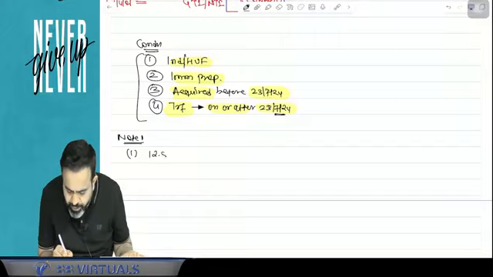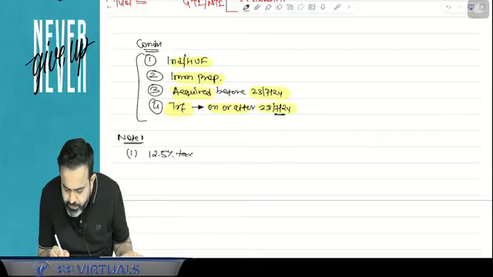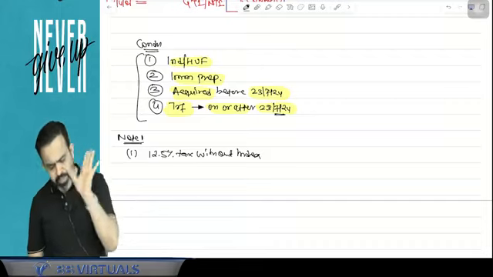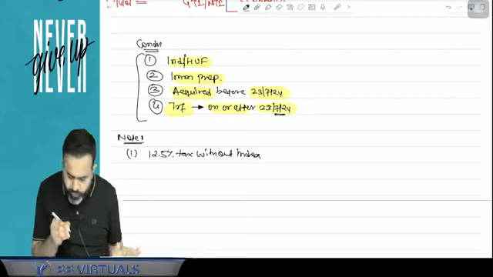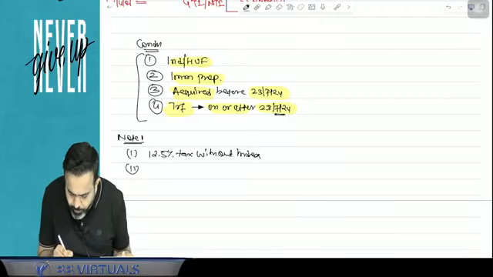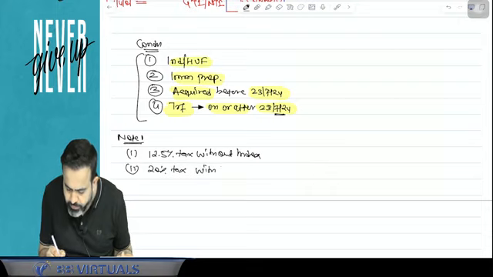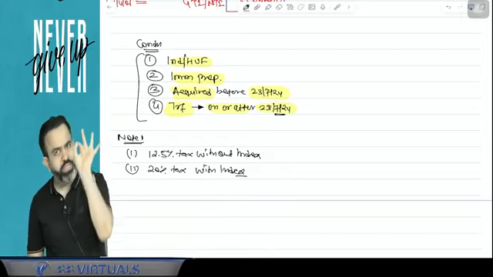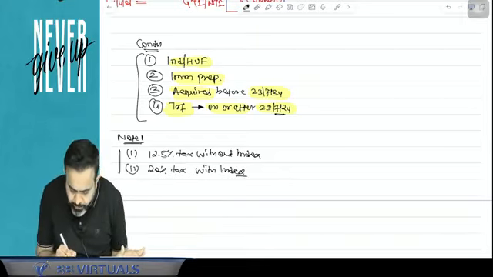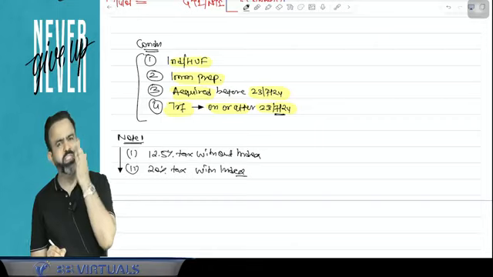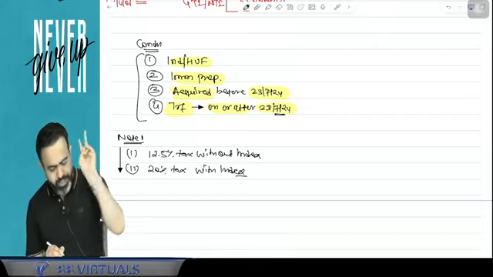Either pay 12.5% tax without indexation, or pay 20% tax with indexation, whichever is lower, meaning whichever is more beneficial.